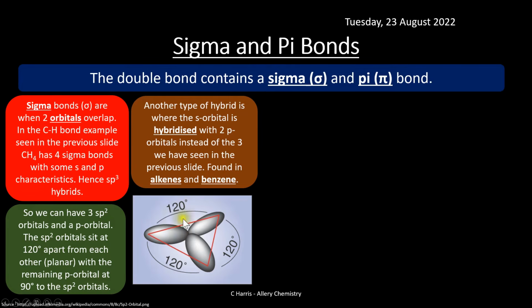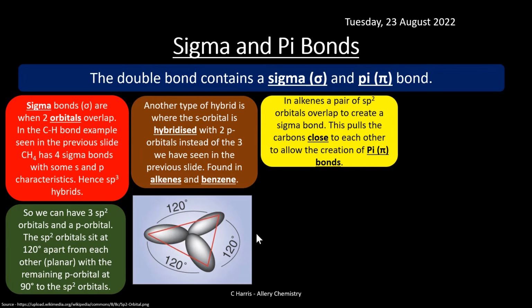It looks like a windmill, like a wind turbine, and you've got this bit sticking out, up and down. Now this one sticking up and down is your traditional p orbital that hasn't been hybridized. And the remaining s and the other two p orbitals have merged to form this new hybrid, which is an sp2. And these three orbitals sit in a nice triangle shape like this. Okay.